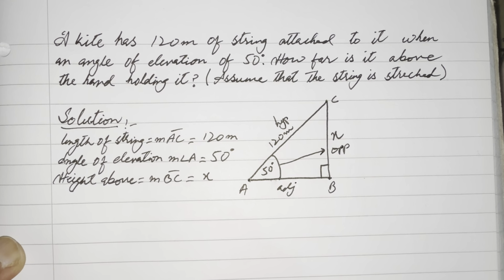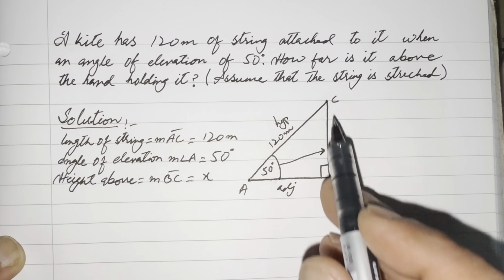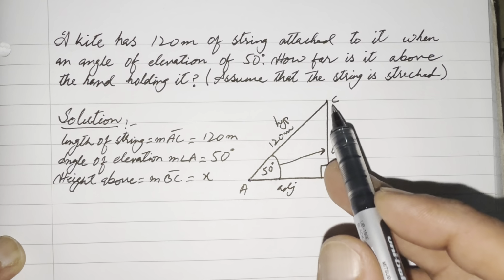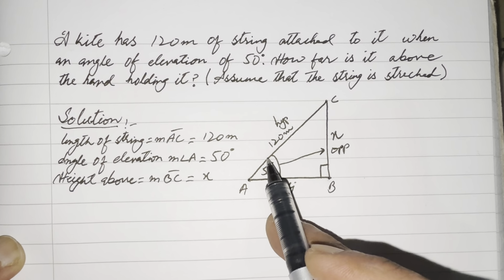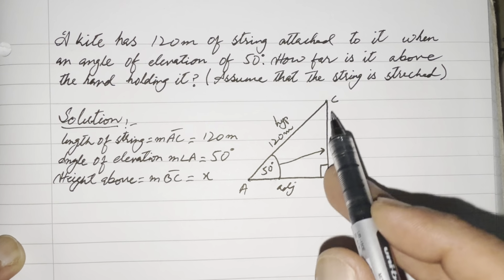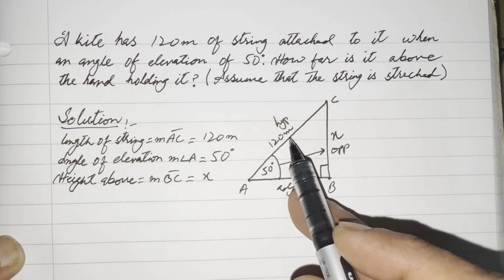Now one side we have to find, BC, is the perpendicular or altitude, and the other side, the diagonal or hypotenuse, is given as 120 meters.